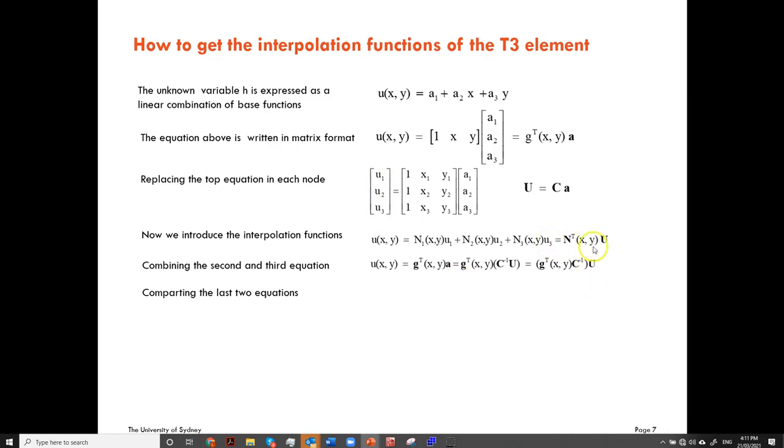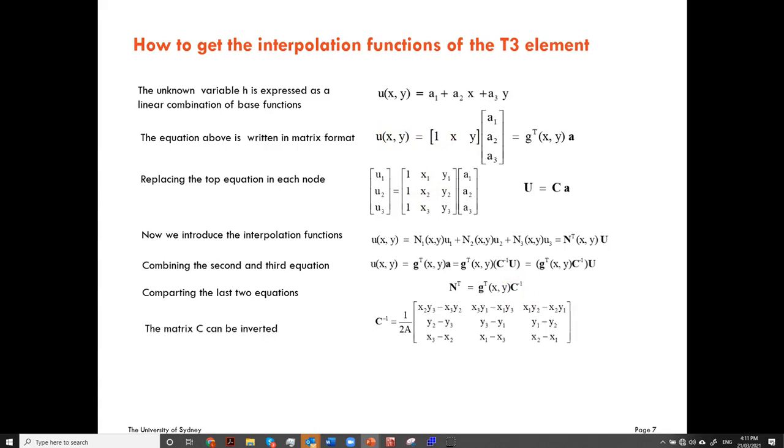You can see that this quantity is going to be equal to this quantity. This gives you an expression to calculate the interpolation functions. So you just need to multiply the row vector of the base functions by the inverse of the C matrix.